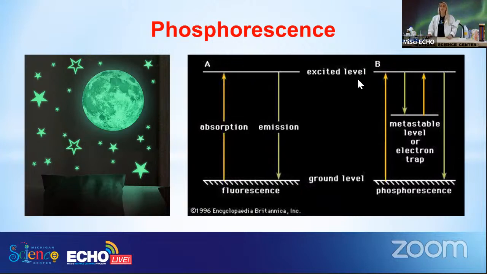So it can't really leave this state, or it really doesn't want to, which is why some glow-in-the-dark or phosphorescent objects can actually glow for days after they've been charged up. It's just all about the efficiency of those phosphorescent molecules. So things that glow in the dark after you remove your source of energy, we call that phosphorescence.